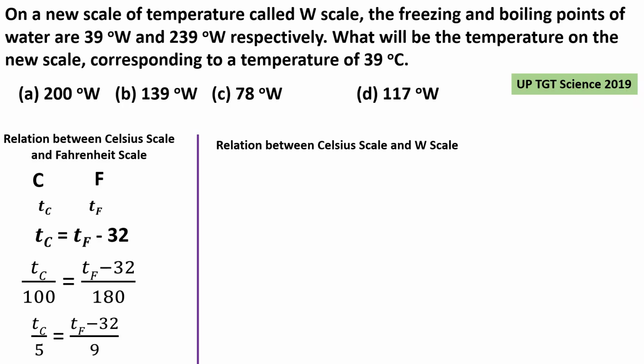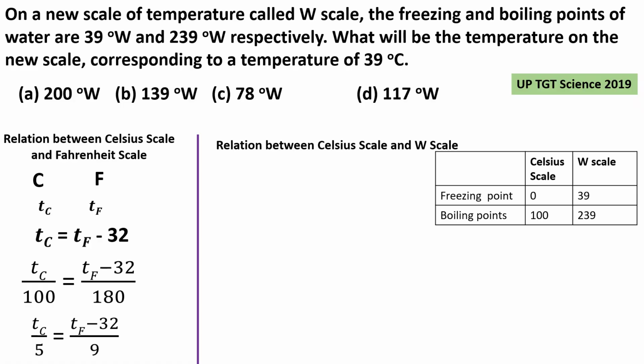In the data, it is given that the freezing point of water is 39 degree W on the W scale and the boiling point of water is 239 degree W on the W scale. And we know that the freezing point of water on the Celsius scale is 0 and the boiling point of water on the Celsius scale is 100.